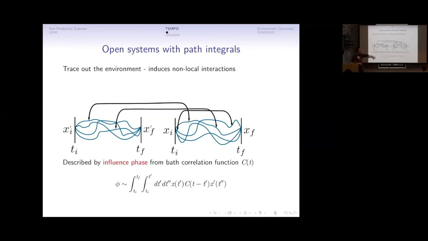And that's really parameterized by this influence phase, which is the thing which shows up in these influence functionals. So it really depends on integrals over the correlation function, which is just the Fourier transform of the spectral density of the environment that we had before.